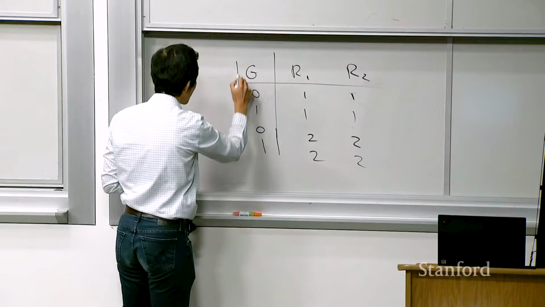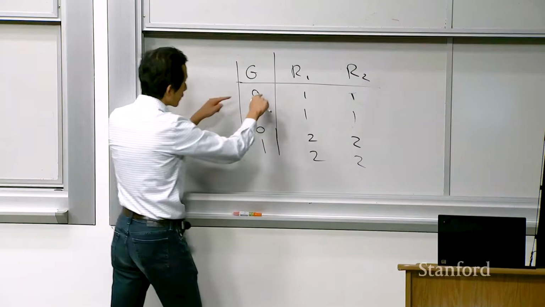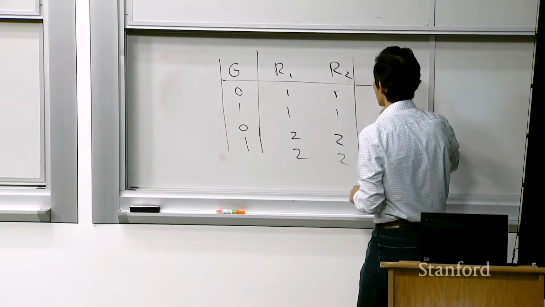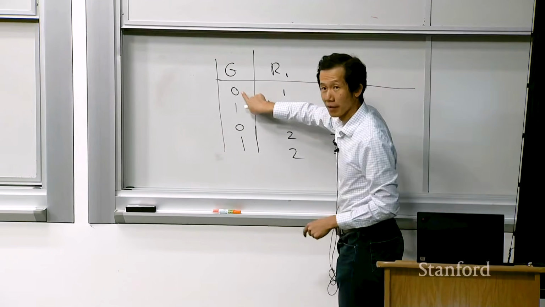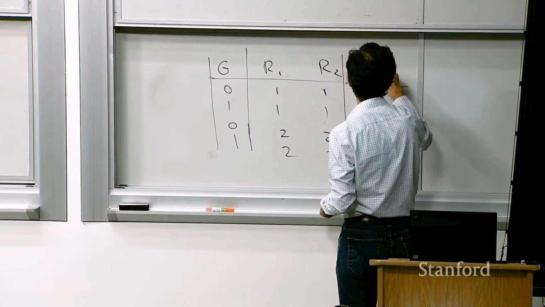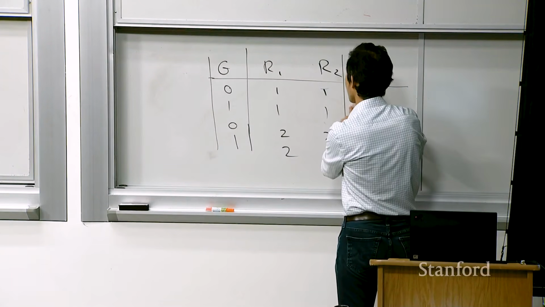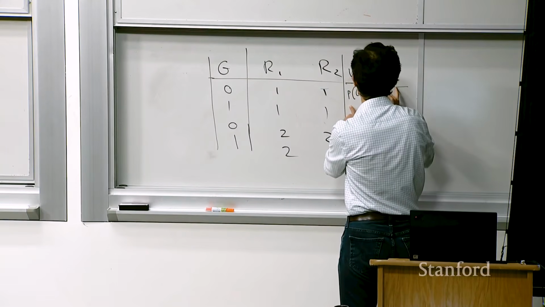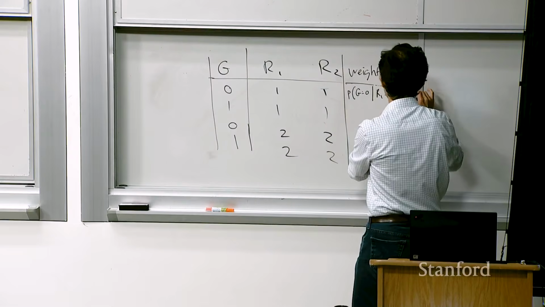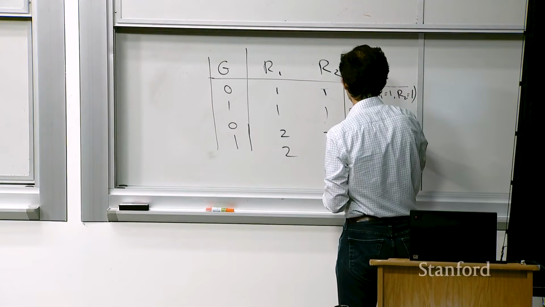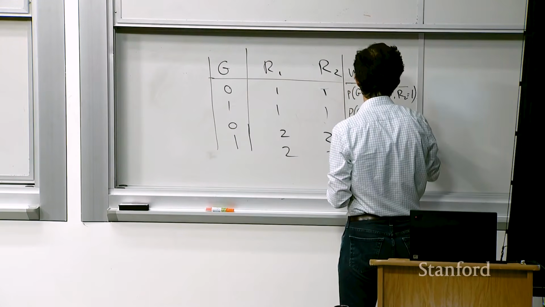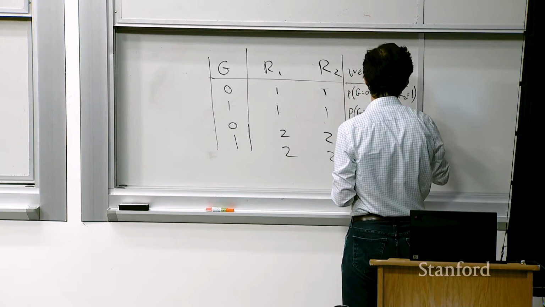And then I'm going to give each of these a weight. And the weight of this is going to be given by my current guess of how likely this 0 is. So in particular, the weight here is going to be probability of G equals 0 given R1 equals 1, R2 equals 1. And this is G equals 1 given R1 equals 1 and R2 equals 1.